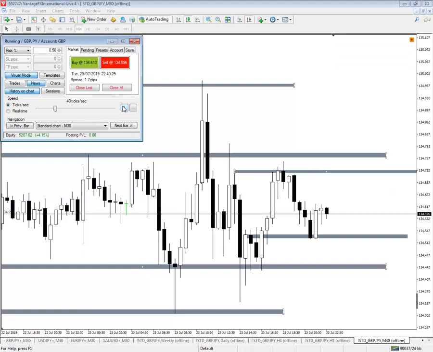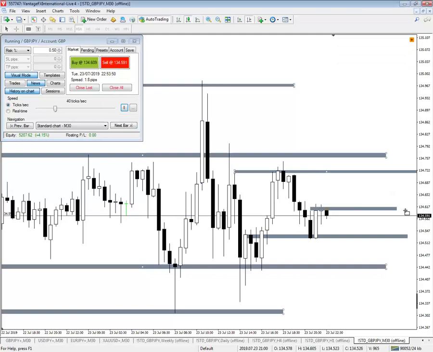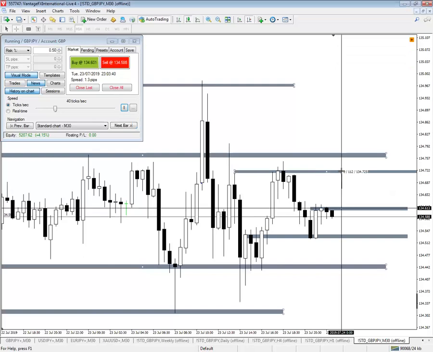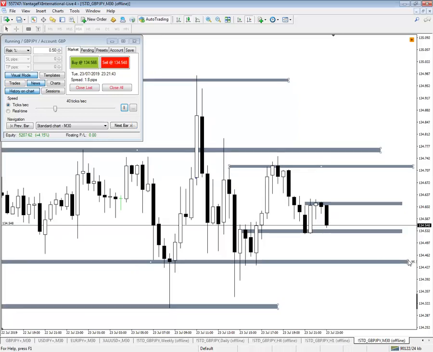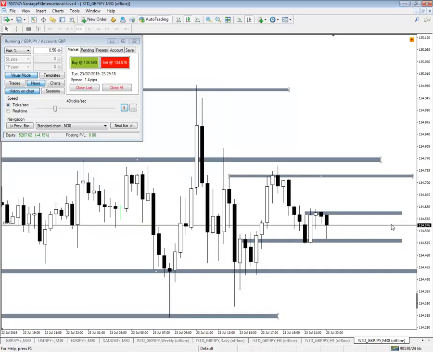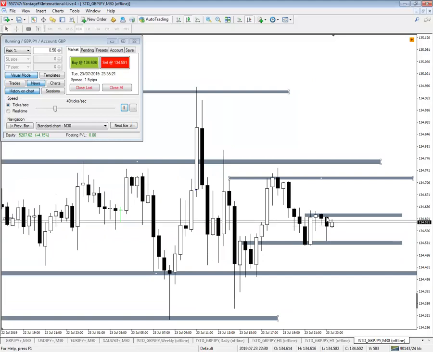Unless we can get a bearish close like this, and then we have a smaller range, and then we can maybe potentially look for buys up to 134.720. But right now, oh yeah, so we did get that. Okay, we could potentially grab a trade, but we're going to definitely use less risk because this is ranging pretty hard.